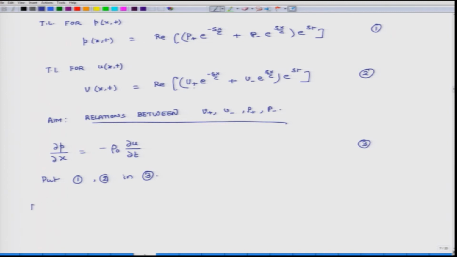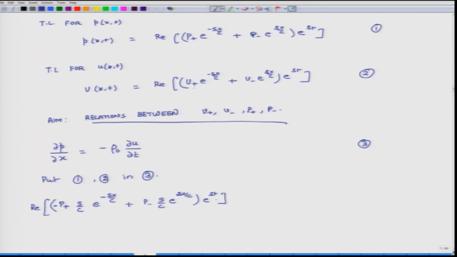So, what I get is real of (p plus times minus s over c, since I am differentiating with respect to x, e to the power of minus s x over c, plus p minus s over c e to the power of s x over c), this entire thing multiplied by e to the power of s t.